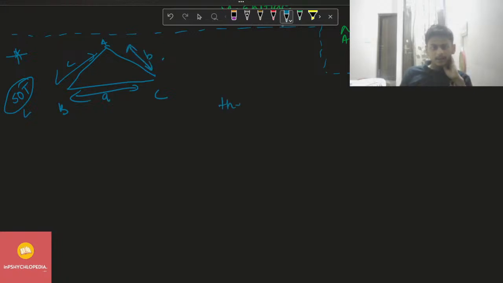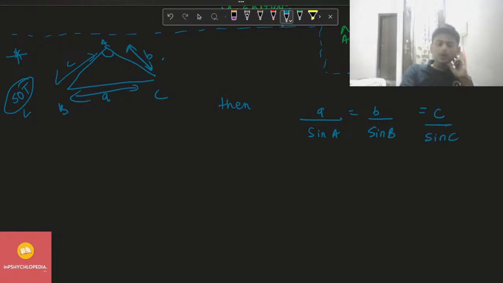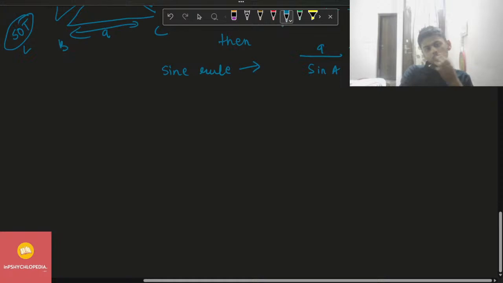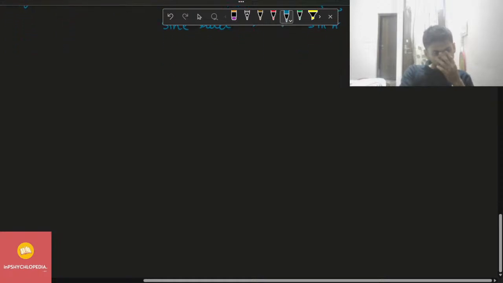Let's mark this angle. According to the sine rule, the ratio of A length to sine A is equal to B by sine B is equal to C by sine C. This is the sine rule. There is another formula, the cosine rule.